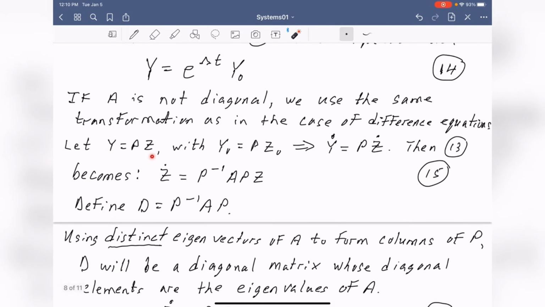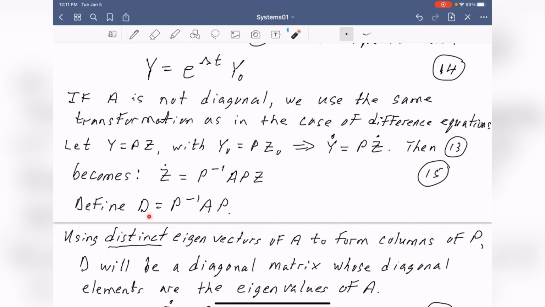Namely, we let y equals P times z with y0 equals P z0, and as a result, the vector of dy/dt's is equal to P times that vector z dot, where z dot represents dz1/dt, dz2/dt, etc. Then equation 13, or the system of equations represented by 13, becomes z dot, so dz/dt, equals the inverse of the P matrix multiplied by A times P times z.